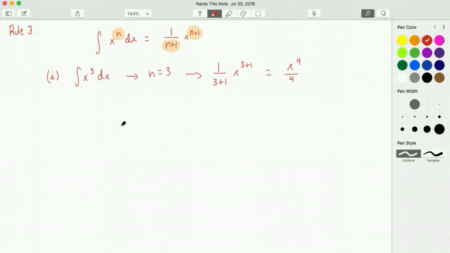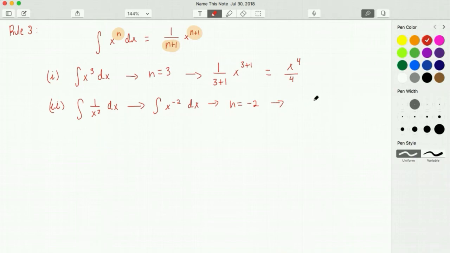Let's take a look at another example. The integral of 1 over x squared dx. Now for this one, it's easier if we rewrite it using our exponent rules. So that should be x to the negative 2 dx. So if we do this, now we know that n is equal to negative 2.